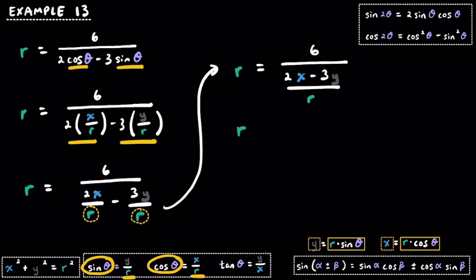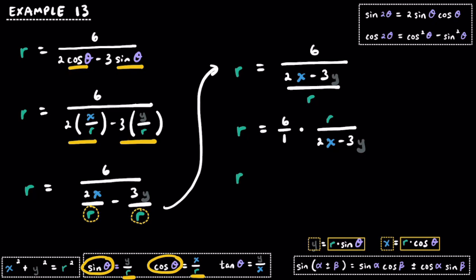The right side's a little bit confusing since we have a fraction in a fraction, so let's rewrite that. 6 is 6 over 1, and we're really dividing that by 2x minus 3y over r. If we're going to divide that, we can multiply by the reciprocal, so we'll multiply by r over 2x minus 3y.